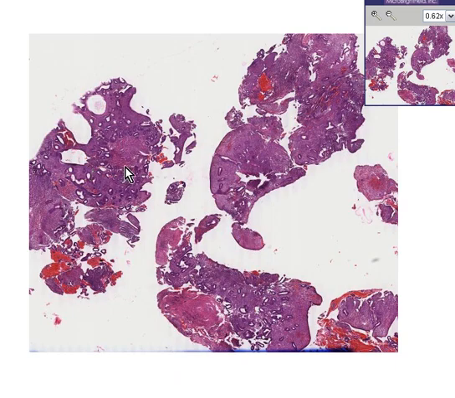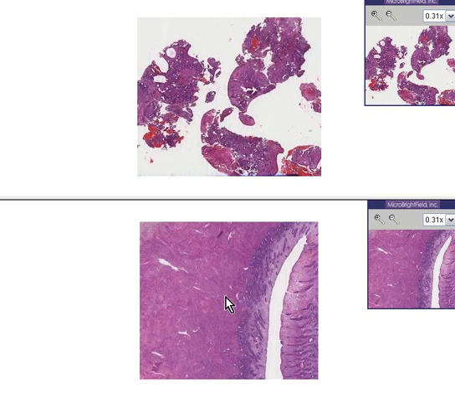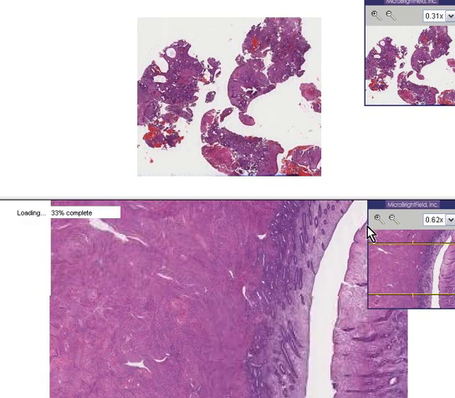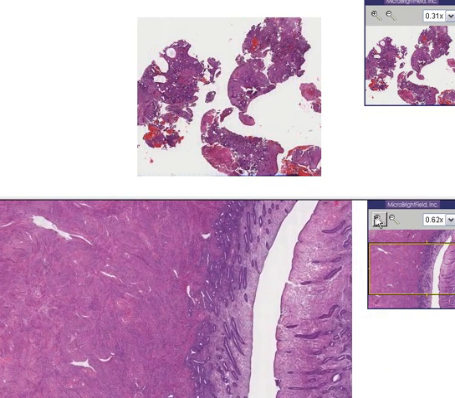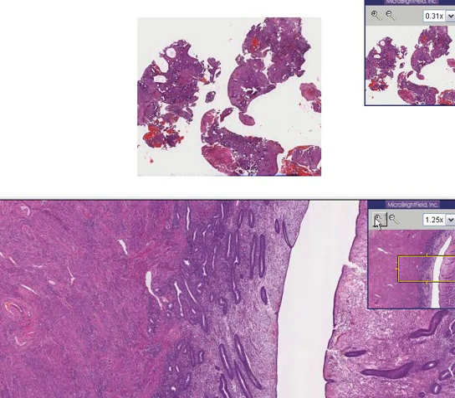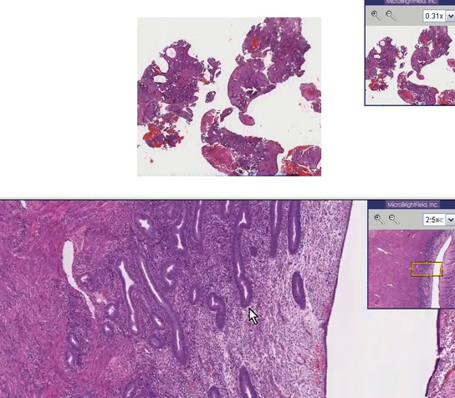This slide is entitled Endometrium Hyperplasia. Please note that in the usual endometrium, premenopausal, you have here endometrium.